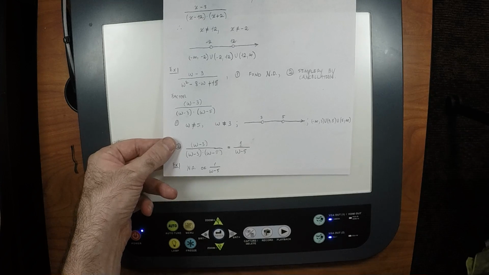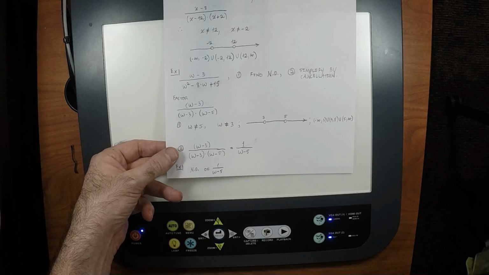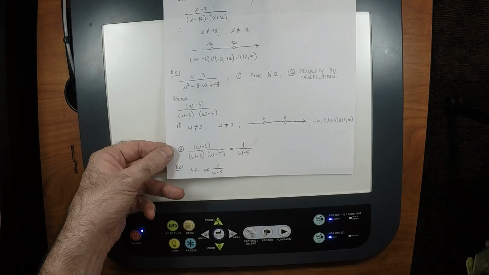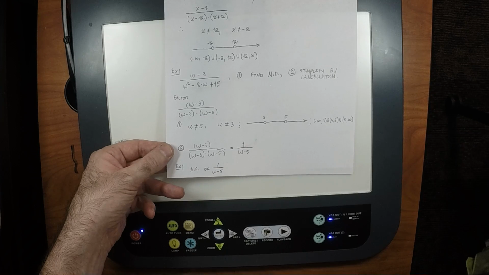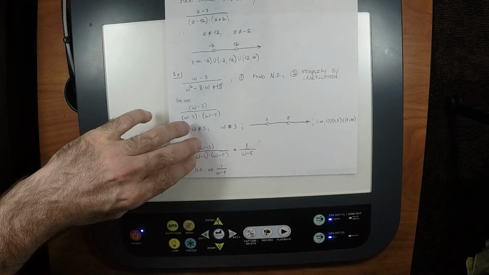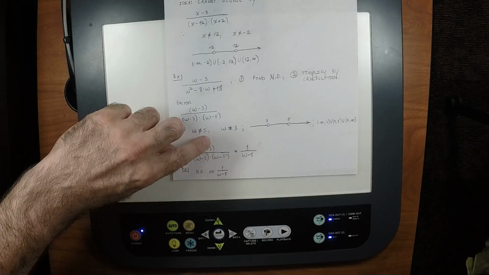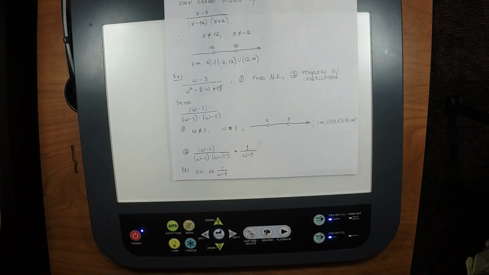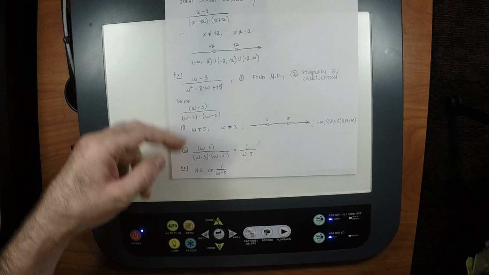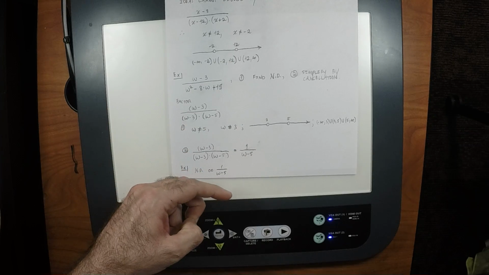Yes? I guess I'm just wondering why you would ask to simplify by cancellation if it's not going to make a difference in what we put on the number line. Well, 2 reasons. One reason is that it's an important skill to be able to perform that simplification because it tests can you identify which factors would cancel, and all of that.